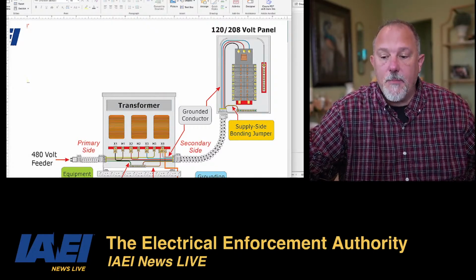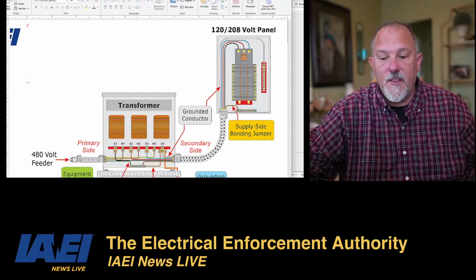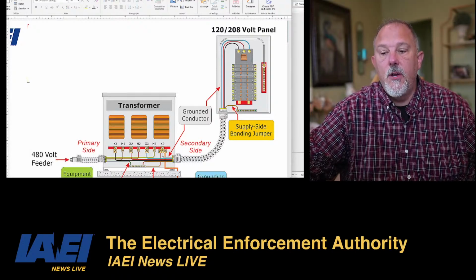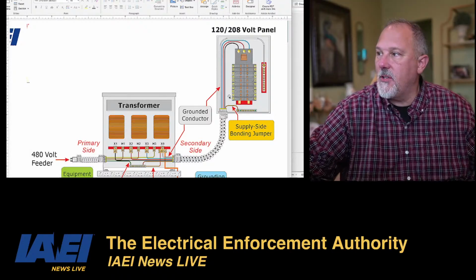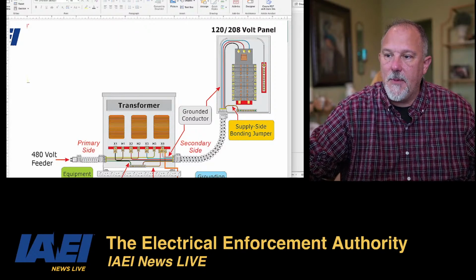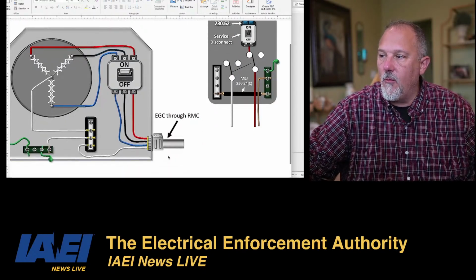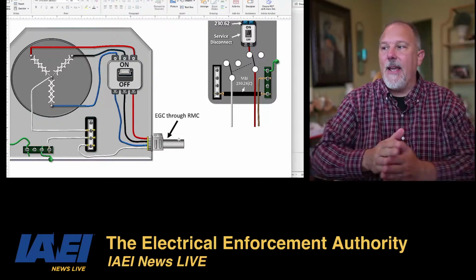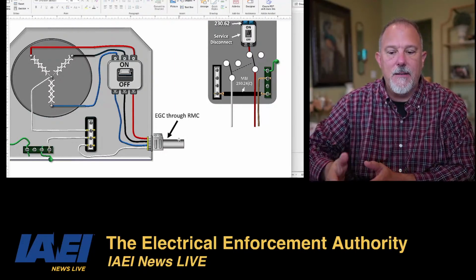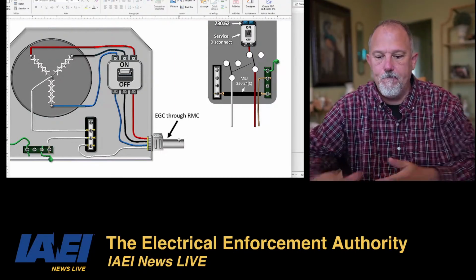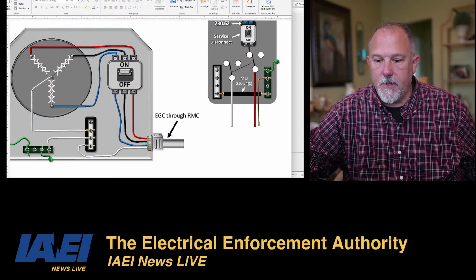The supply side bonding jumper shall be permitted to be of the non-flexible metal raceway type or of the wire or bus type. So this is a wire or bus type. If I have rigid metal conduit, then I can make that my supply side bonding jumper.